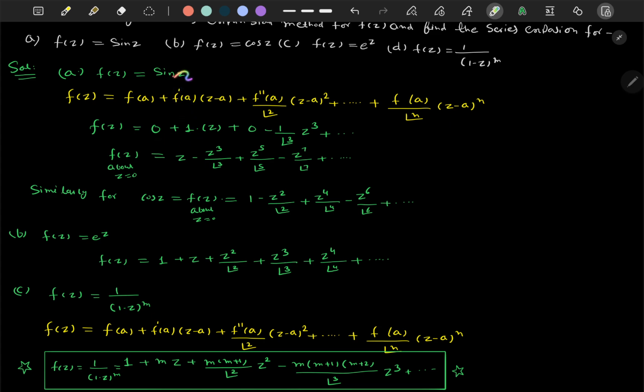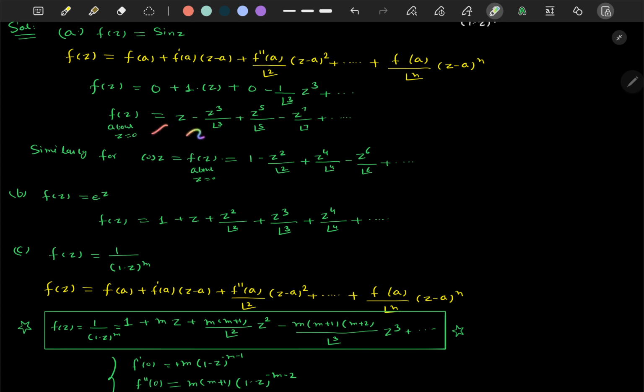Then the derivative of sin z will be cos z, and cos 0 is 1, and a is 0, so z will be there. Now the differential of cos z will be minus sin z, and sin 0 is 0, so it will again be 0. Then 1 upon factorial 3, and the derivative of sin z is again cos z, into z minus a cube, so cos 0 will be 1, and a is 0, so z cube will be there.